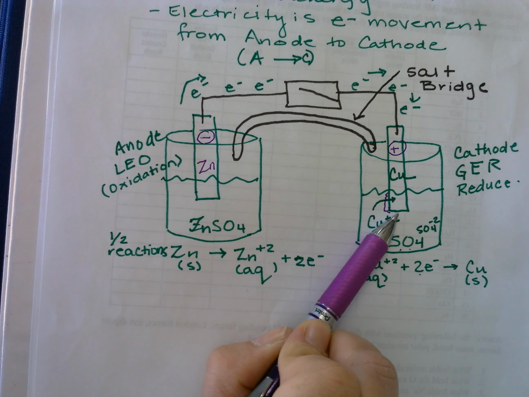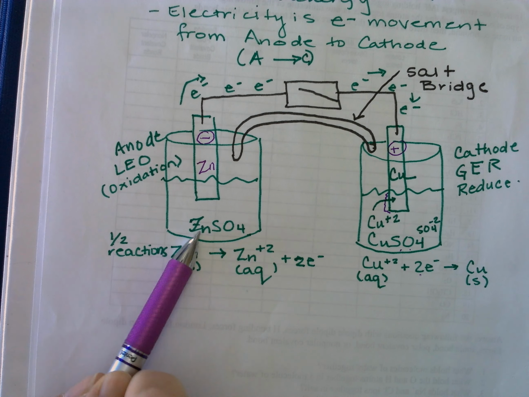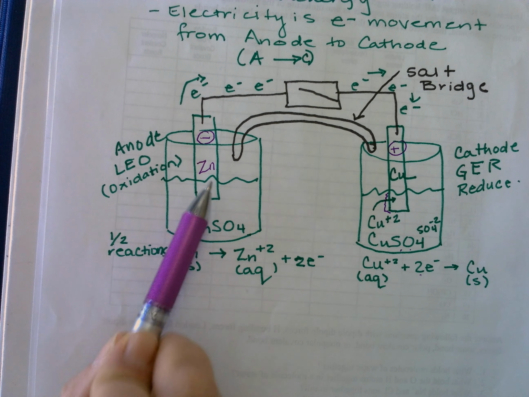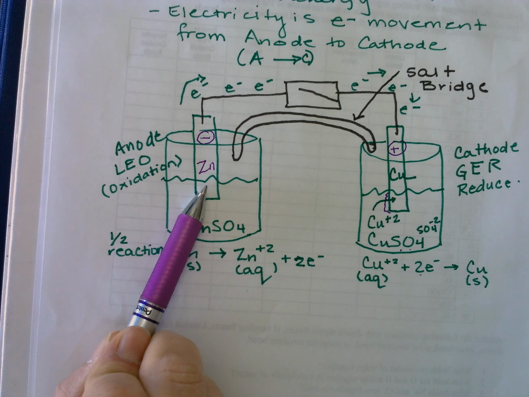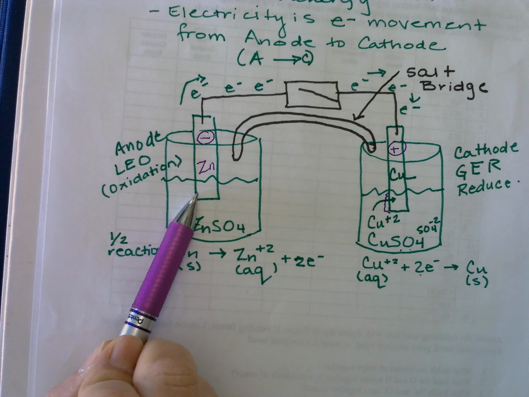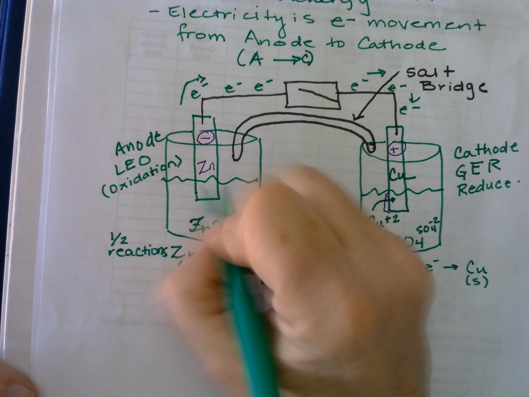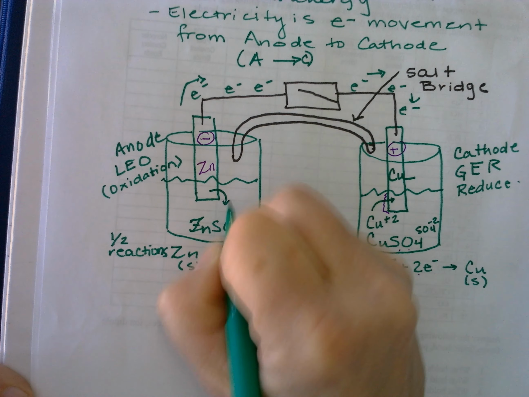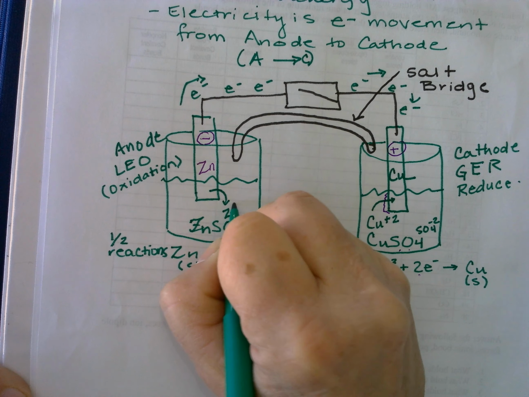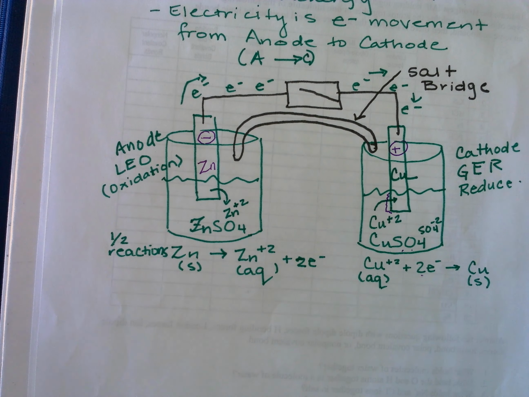Are there questions so far? I haven't even told you the whole story. This is just the very fundamentals. Meanwhile, over here, the zinc atoms in the electrode are losing electrons, and as they lose electrons, they go into solution as Zn2+. So what's happening to the mass of the zinc electrode?